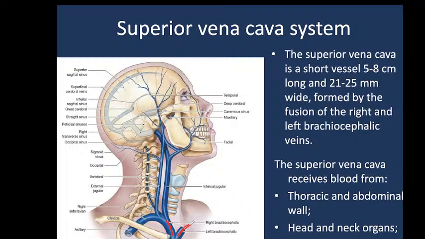They remember superior vena cava and remember subclavian and internal jugular veins, but don't remember such important and great veins like brachiocephalic veins.